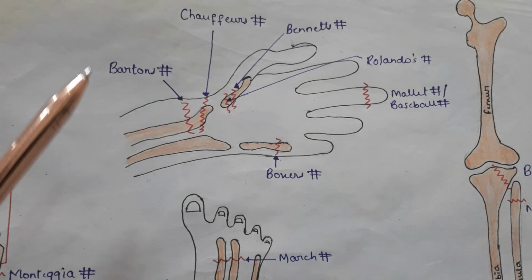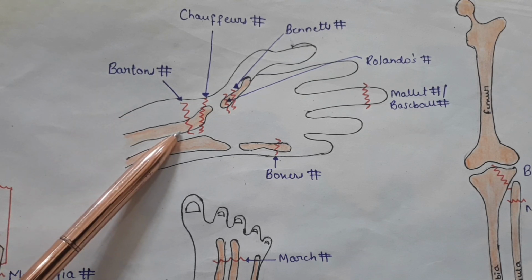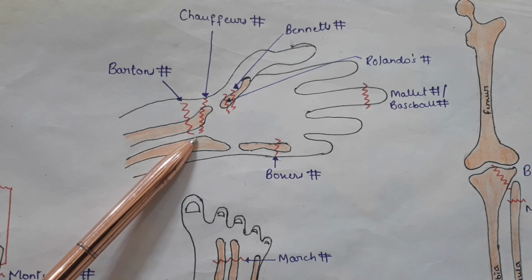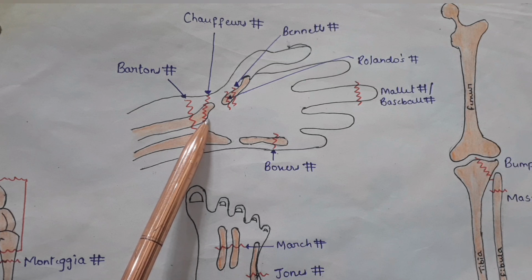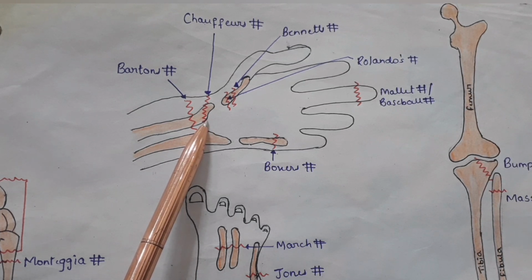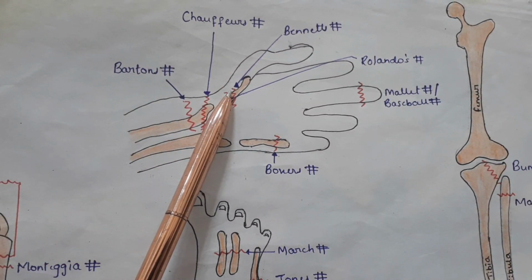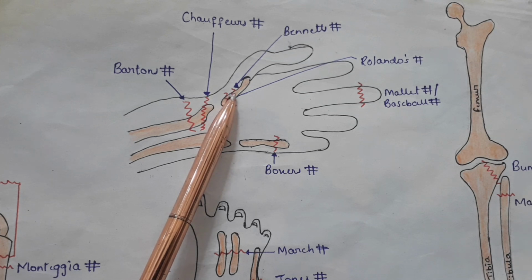Barton's fracture is also called the marginal fracture. It is an intra-articular fracture which occurs through the distal articular surface of the radius. Schoffer's fracture is an intra-articular oblique fracture of the styloid process of the radius. Bennett's fracture is an oblique intra-articular fracture of the base of the first metacarpal bone with subluxation of the trapezio-metacarpal joint.